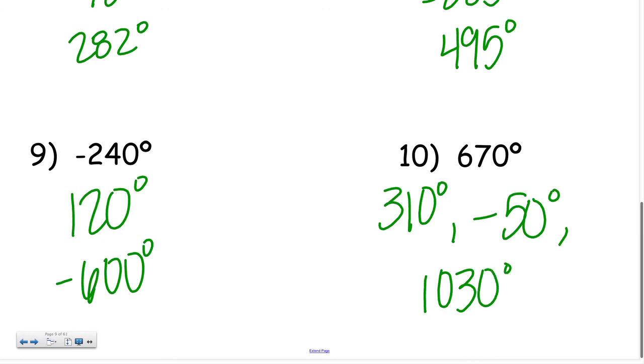Number 10, if I subtract 360, I'm still at a positive 310, so I could subtract it again to get my negative. But 310 would also be your positive coterminal angle too.